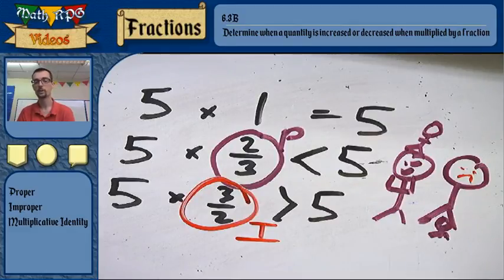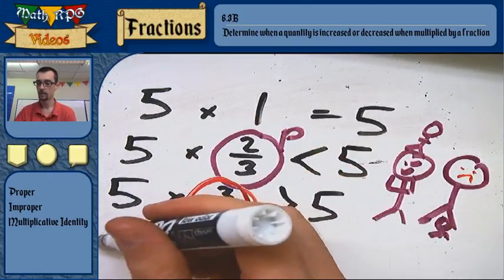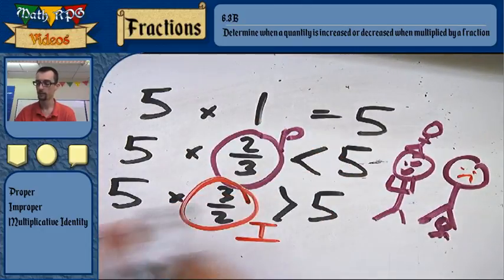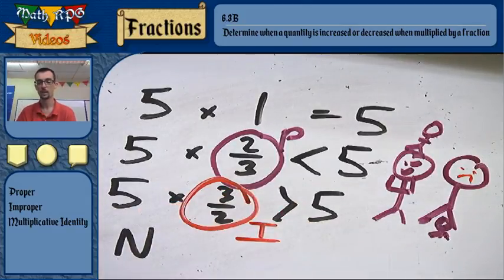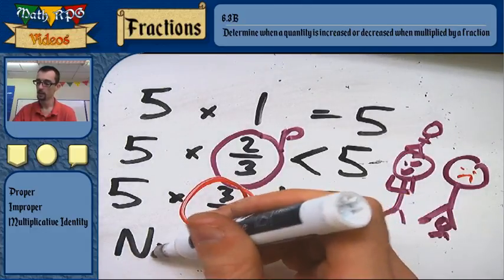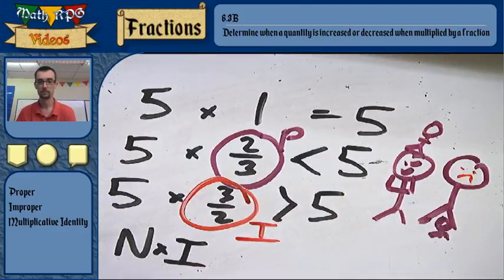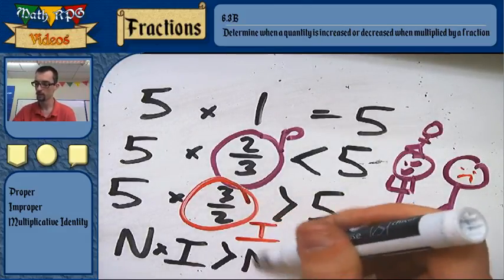So in general, we could say that if you multiply a number, say 5, times, let's say I'm going to put n for number, okay? N for any kind of positive number. Okay. If you multiply a positive number times an improper fraction, you're going to get something bigger than that number you started with.